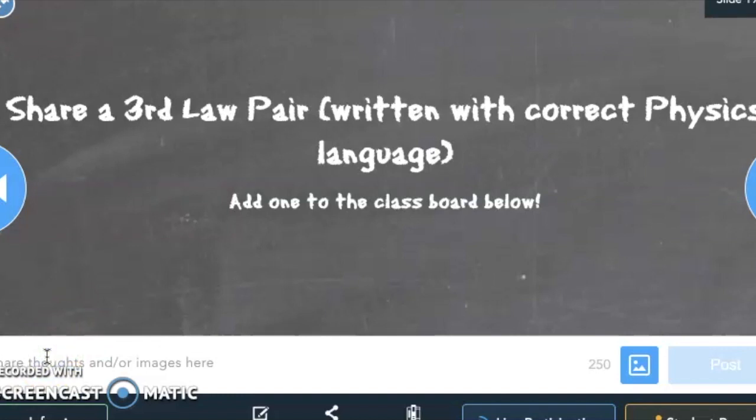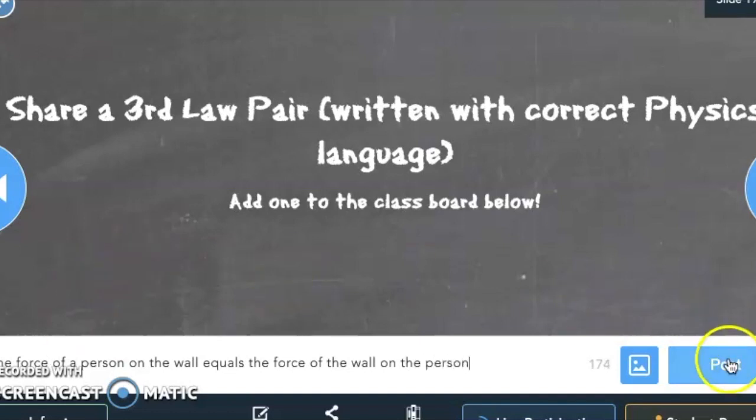So again, the example I used was the force of a person on the wall equals the force of the wall on the person. So I want it in that format where the words switch. So when you type in your example here and post it, make sure to use that format.